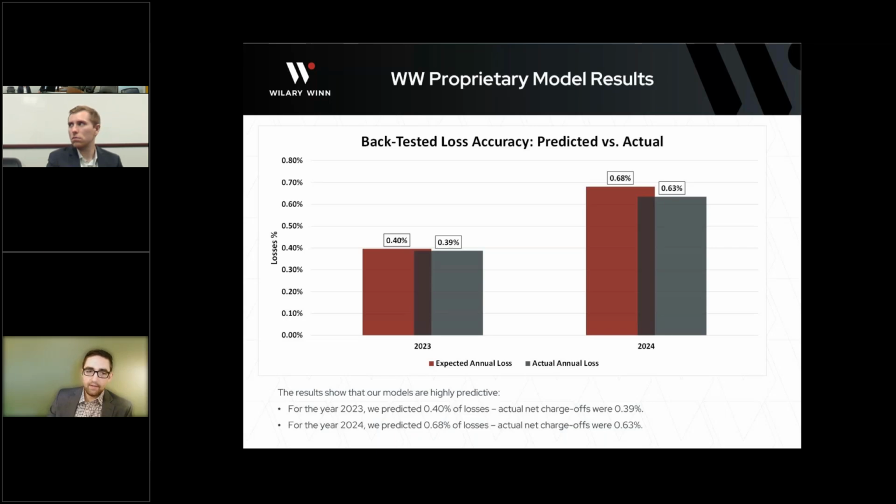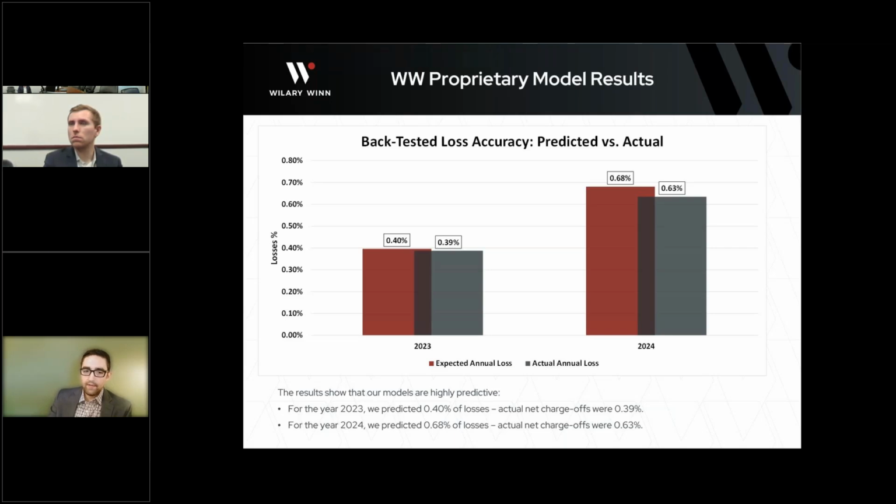So this level of accuracy is obviously showing a few strengths in how we approach CECL and the modeling. First, and almost more importantly, is applying those loan level assumptions based on real borrower credit profiles, real collateral values, and the actual loan characteristics that we have in all of those portfolios.